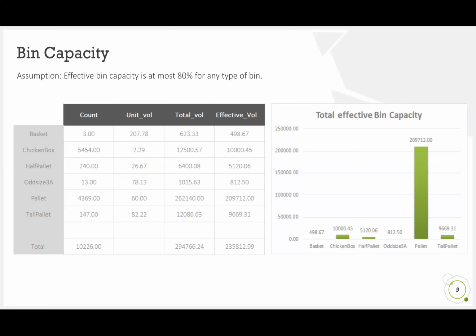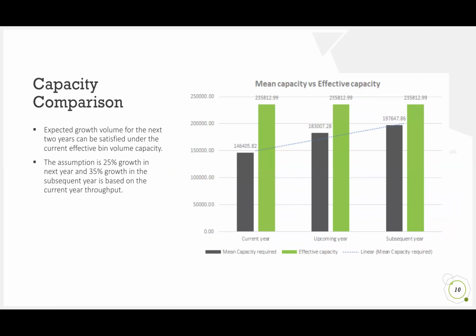Among them, pallet is the highest capacity. If we compare the capacity with their current load, we can see that the current load or throughput can be served by their capacity. And also in the upcoming and subsequent year, all of the throughput of the product can be served by their current capacity.